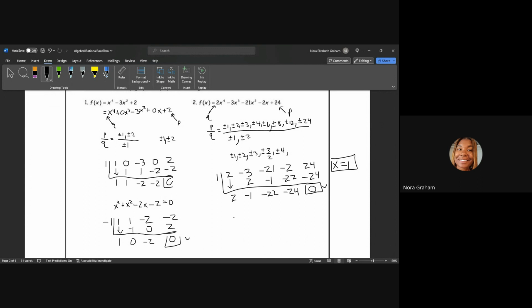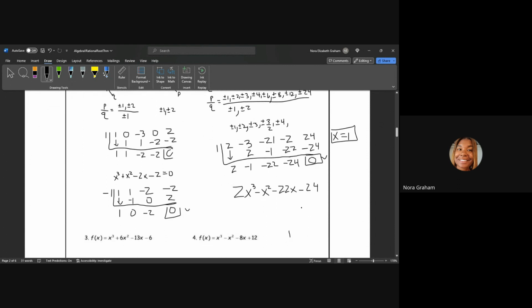So our new polynomial is actually going to be 2x to the third minus x squared minus 22x minus 24. So again, since I have a higher degree, it's going to be harder to factor this out. I wouldn't factor this out with grouping. Let's do synthetic division again, okay?